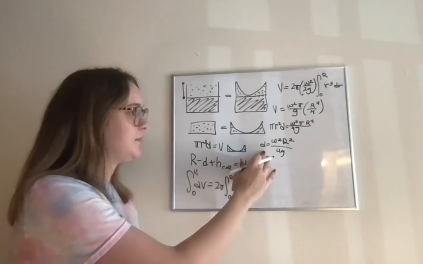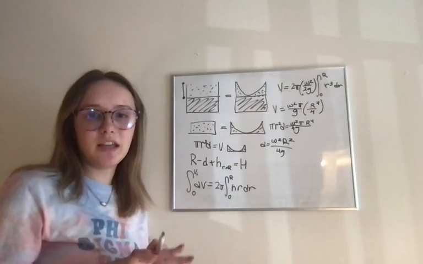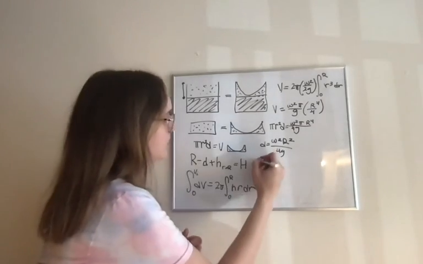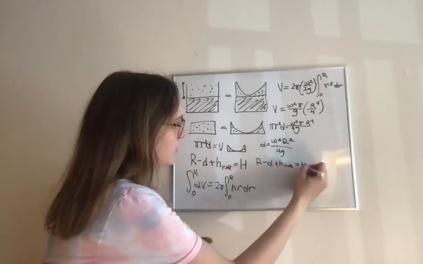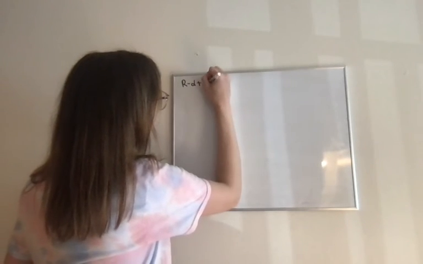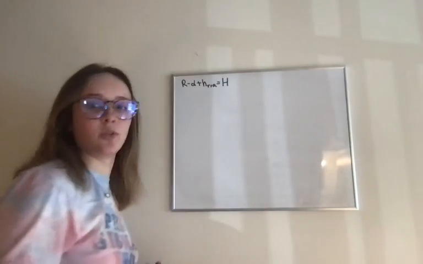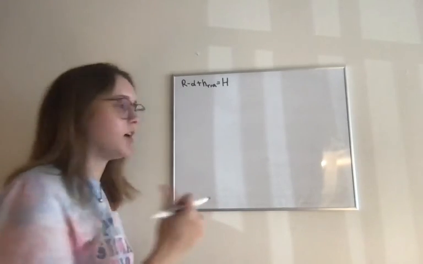So now that we have d, and we have V, we can plug the d into the equation that we had before, which is R minus d plus h, where R equals capital H. So to do that, I'm going to erase the board. So we have R minus d plus h, where R equals capital H. And so we have d, and we already defined h, so we can plug all of that in.